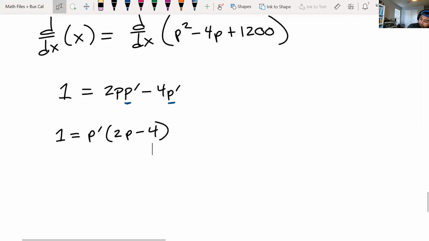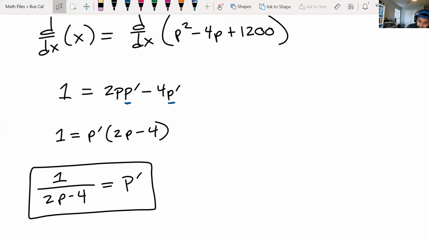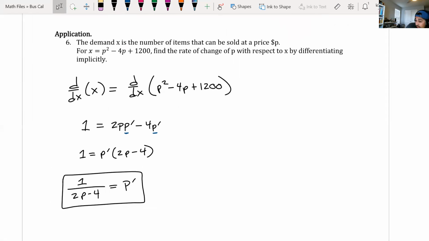And then divide by 2P minus 4. And we are finished. This equation gives us the derivative of P, or the rate of change of P with respect to X.